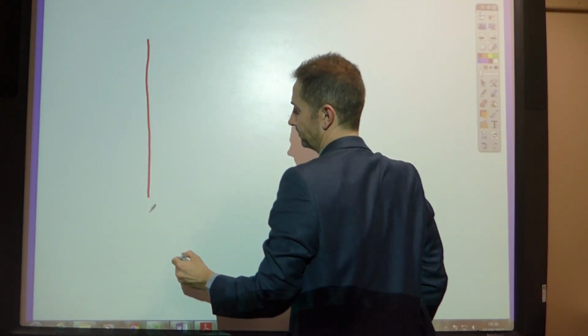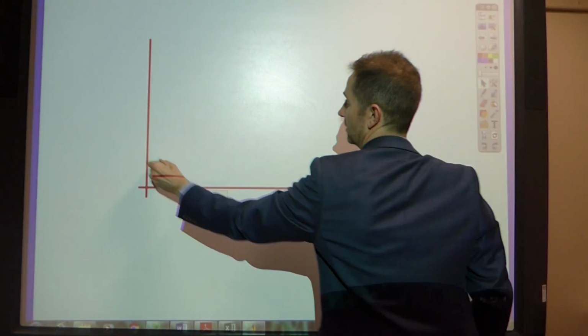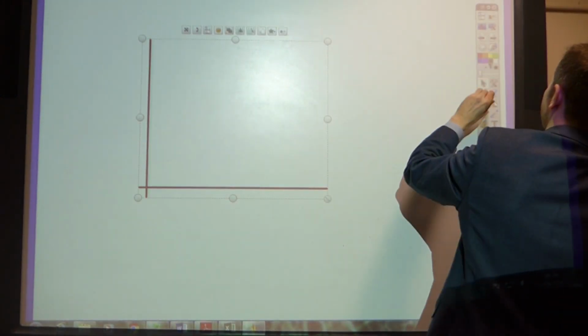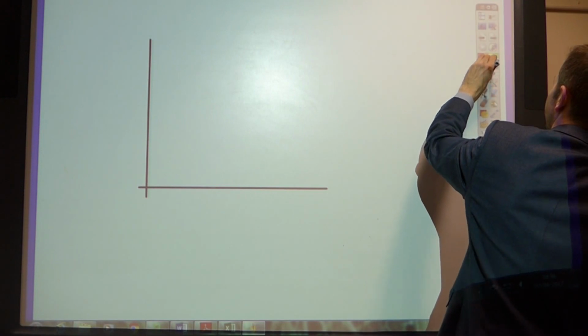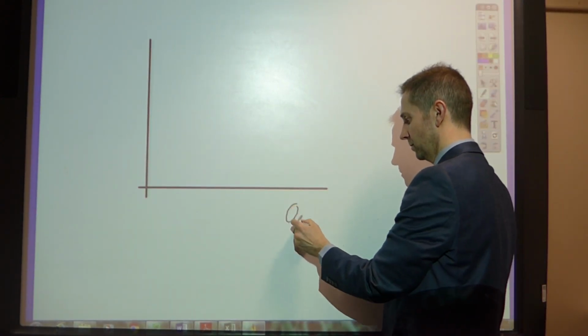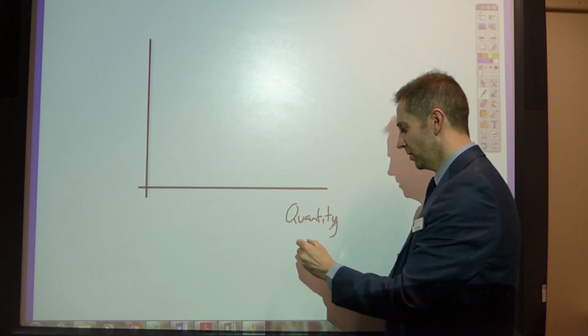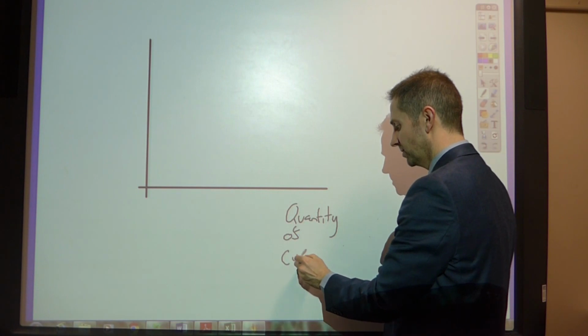First of all, we just sort our colours out here. So we're drawing an exchange rates diagram. So we're going to have quantity of, certainly in the A level now, they really want you to say quantity of currency.